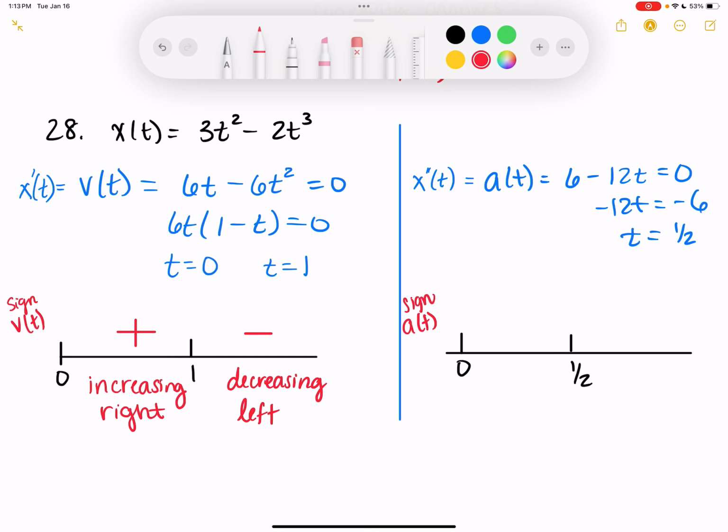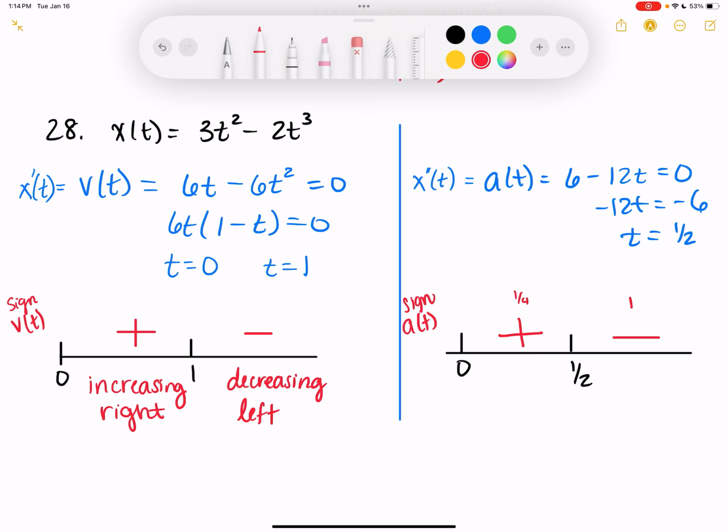This is gross, but fortunately I would say pick 1/4, because 1/4 is going to cancel nicely with 12. So that one's going to be positive. And then for the other one, we'll just use 1, which will be negative.